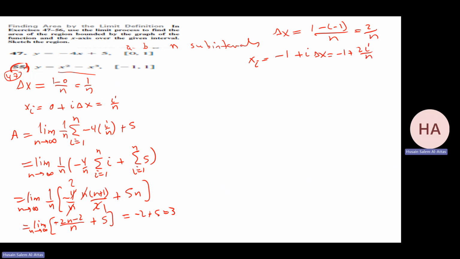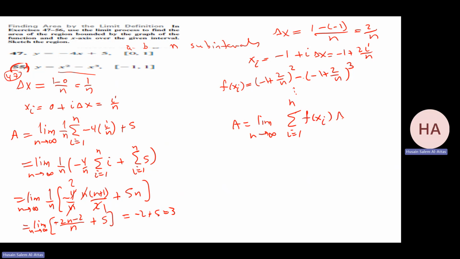Yeah, I need to do the square and the cubed. F of xi will be negative 1 plus 2i over n squared minus negative 1 plus 2i over n cubed. Do the calculations. And the area, I will leave it, the limit as n goes to infinity of this summation i equal 1 to n, f of xi, delta x.